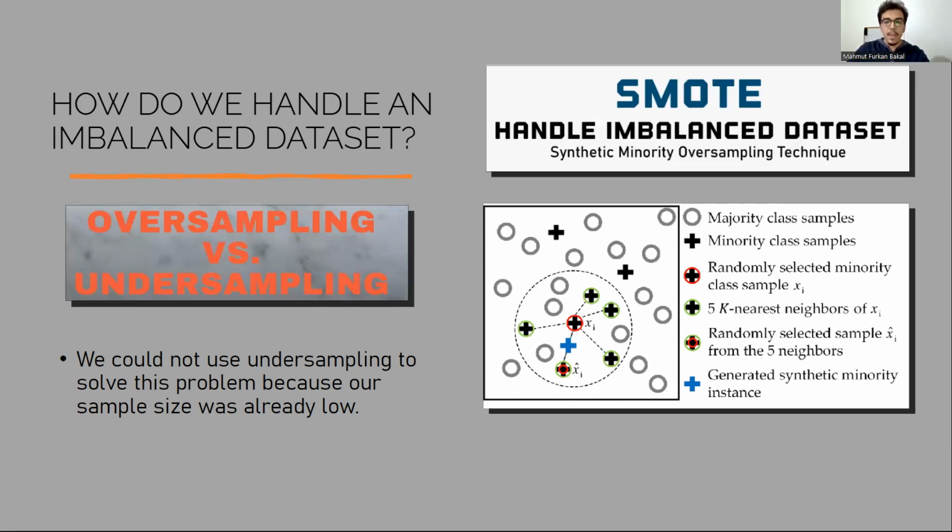Then we again randomly select a sample from these neighbors. Finally, we generate a synthetic minority instance between these minority class samples. We couldn't find how to do this in Orange, so we did it using Python. Next slide, please.